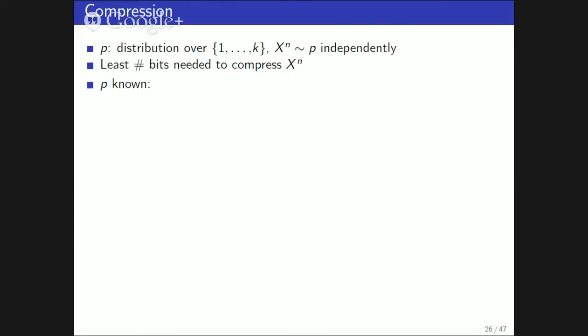So if P is known, how many bits do you need to do that? The entropy, thank you. You need the expected value of log of 1 over the probability of the sequence, which is n times the expected value for individual elements, which is n times the entropy. So that's if you know the distribution.